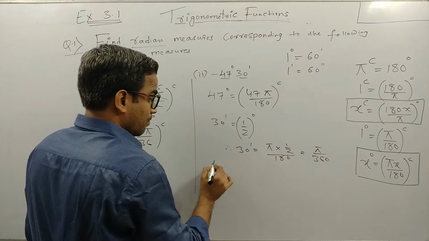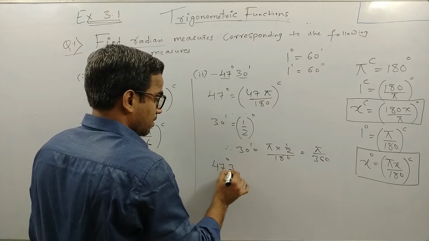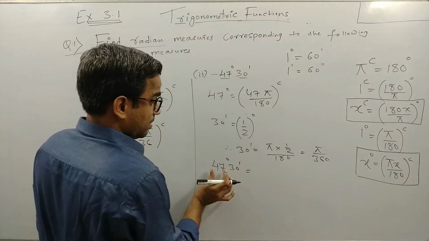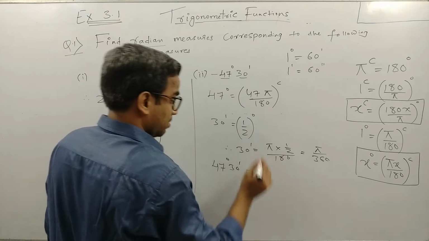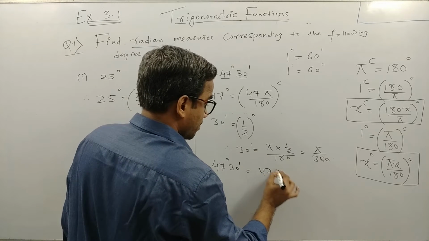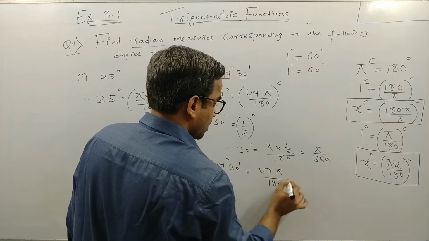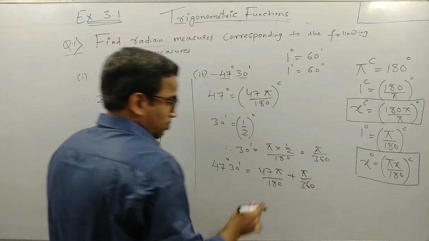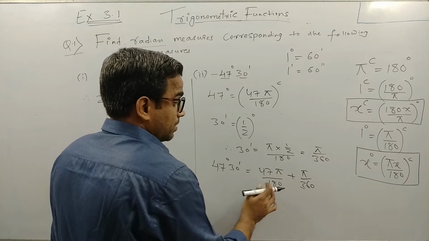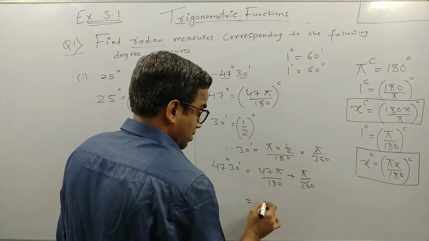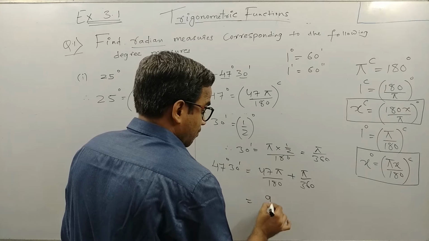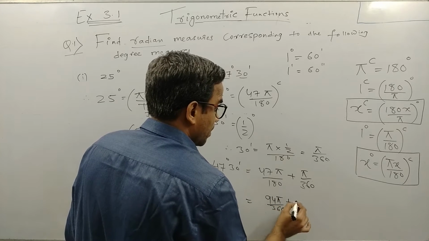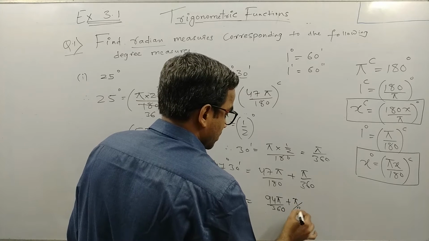We need 47 degree 30 minutes, so basically the addition of this degree and this much minute. 47 degree is 47 pi by 180 plus pi by 360. We can make the denominator 360, so this will be 94 pi divided by 360 plus pi by 360.